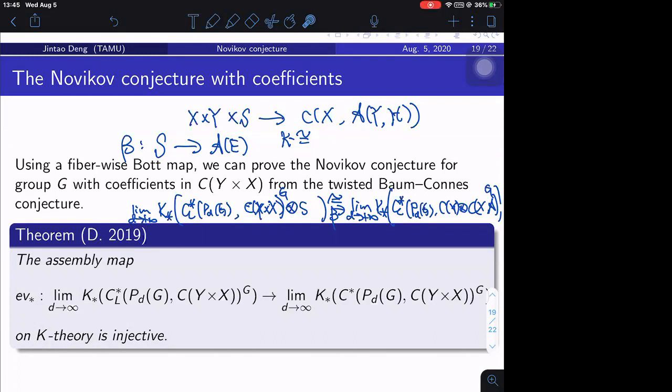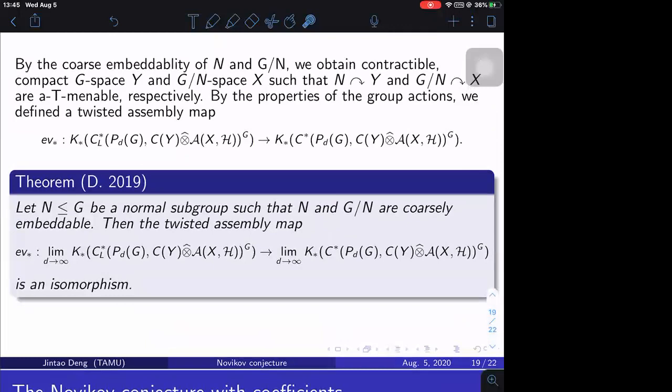Oh, yeah, this is a good question. So in order to prove this twisted Baum-Connes conjecture, we actually use that this algebra encodes the geometry of the quotient group.